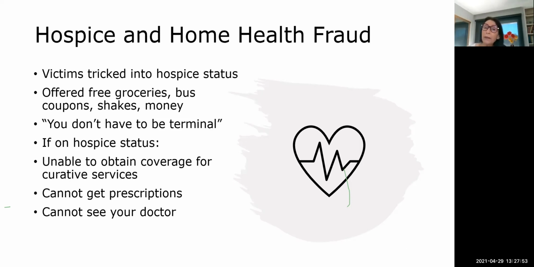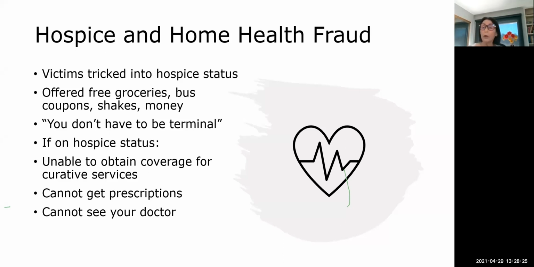So if persons, let's say, are terminally ill and they're expected to pass away in a certain amount of time, they can go on Medicare hospice or Medicaid hospice and be provided with comfort care, keeping them comfortable until they pass away.